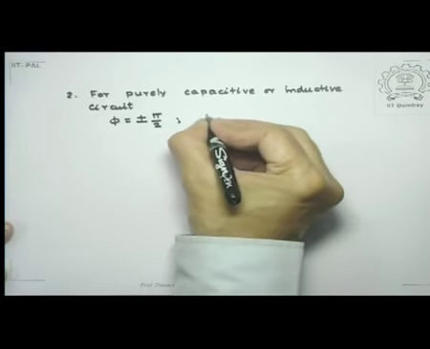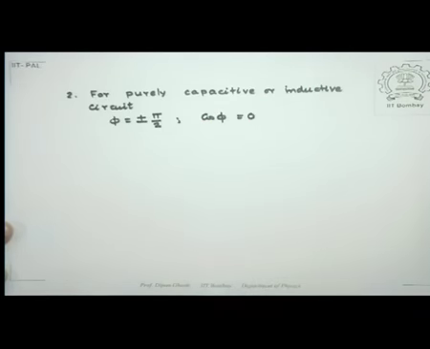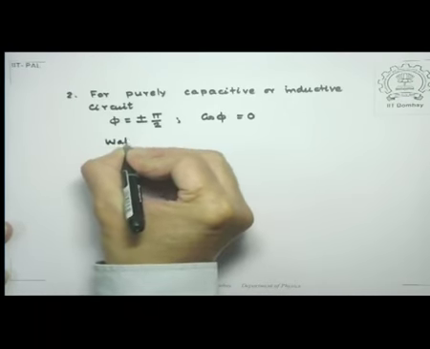That gives me cosine of phi in either case equal to 0. Zero power means that no power is dissipated. Such circuits are also known as wattless circuits.